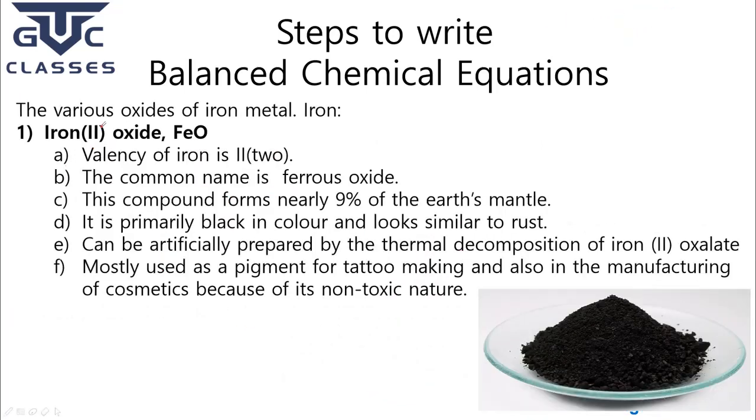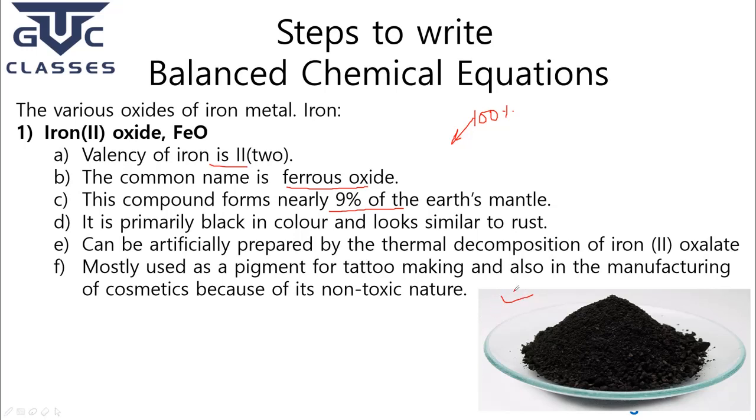So iron oxide valency is 2, we discussed. Common name is ferrous oxide. This iron oxide is found 9% in the earth's mantle. That means if 100% is the iron found in nature on the earth's mantle, 9% of this is FeO. It's primarily black in color, as you can see here. It looks like rust.